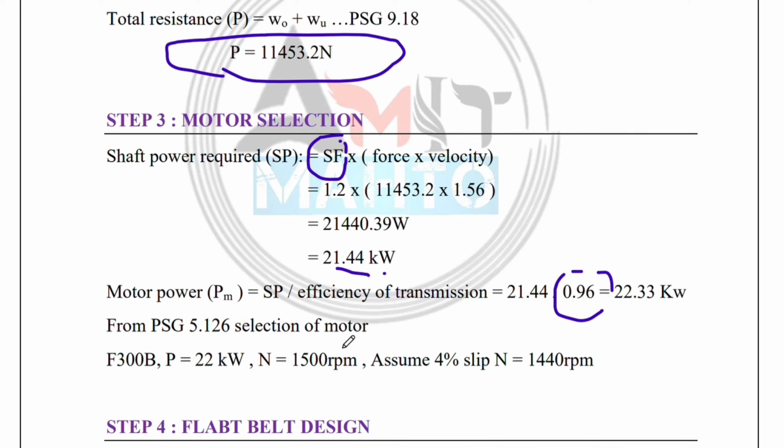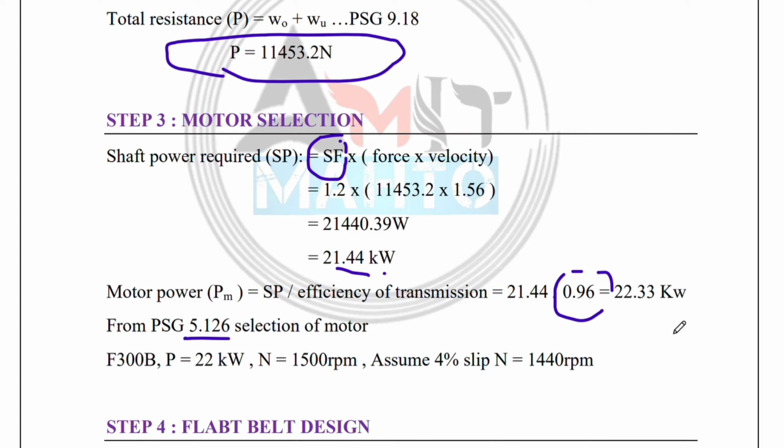Okay, so as you get the motor power, go to PSG page number 5.126 for selecting the motor. On this page, the designation of the motor will be F300B. As we get 22.33 kilowatt, we will select the next value.